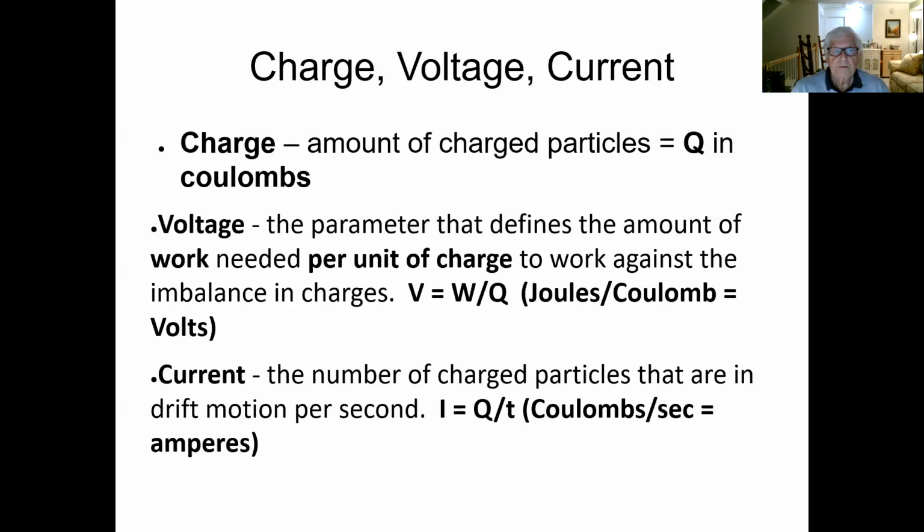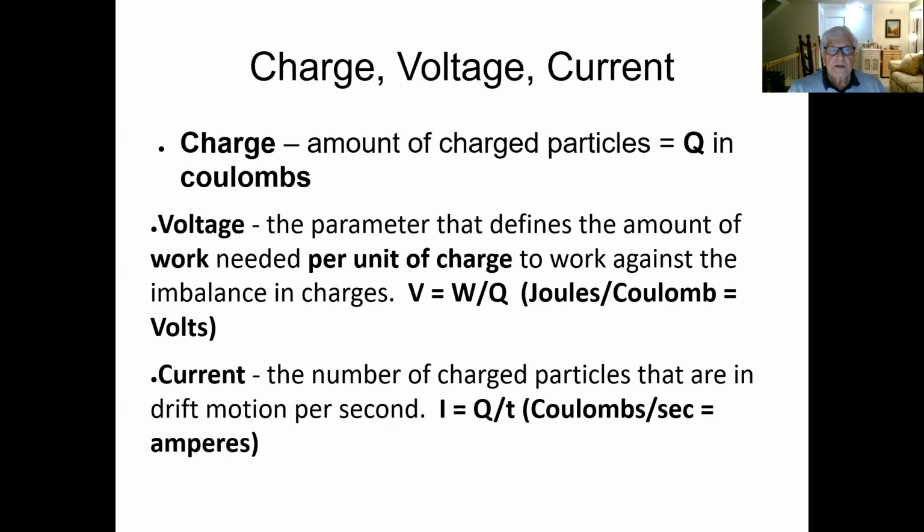But in order for it to flow, we need to describe a number of different variables. We start out with the charge because that's where everything starts. The charge is given the letter Q, and it's measured in coulombs, okay?